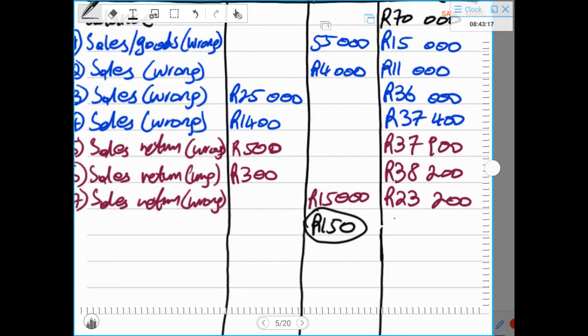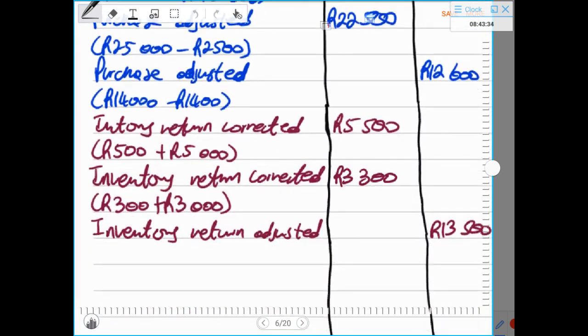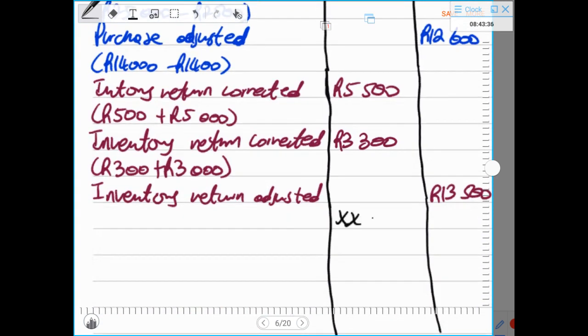So the balance was going to be overstated. And when the balance is overstated, because we subtract smaller than it was supposed to be, we less on which side? Debit side. So the difference was going to be recorded on the debit side of the creditor's reconciliation statement.